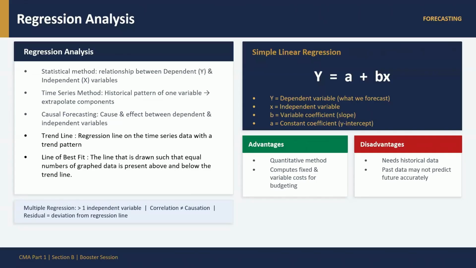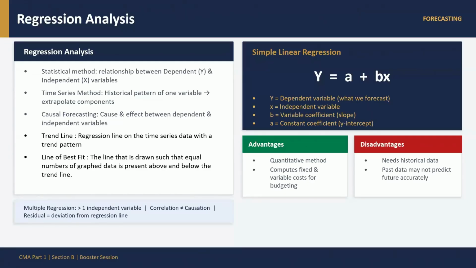In time series method, you use the historical pattern of one variable and extrapolate the points. Let me tell you an example. In the year 2020, you have observed a profit of 10,000.